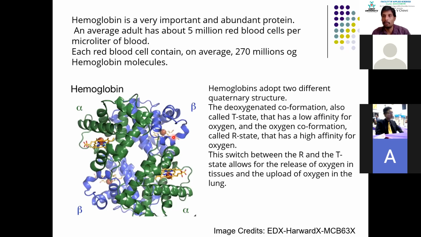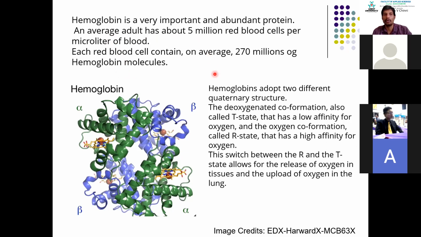So the major molecule required to supply oxygen to all parts of the body is hemoglobin. This is hemoglobin. On average, each red blood cell contains 270 million hemoglobins, and an average adult has 5 million red blood cells per microliter of blood.